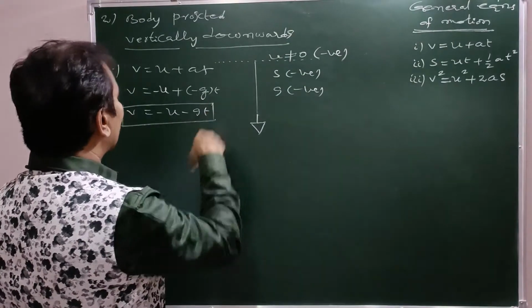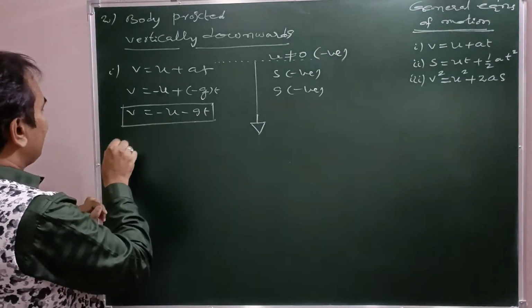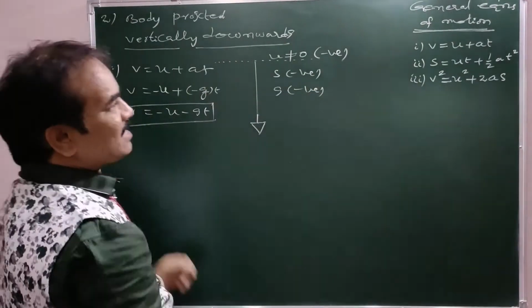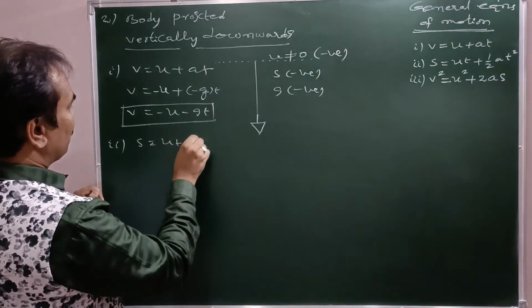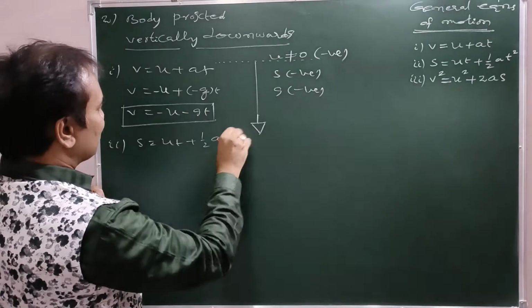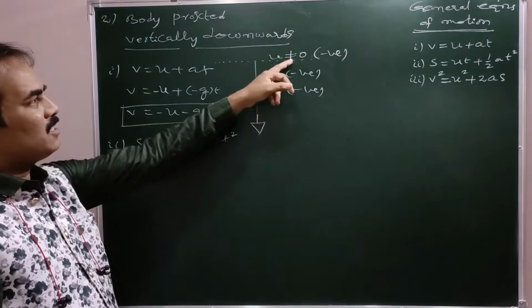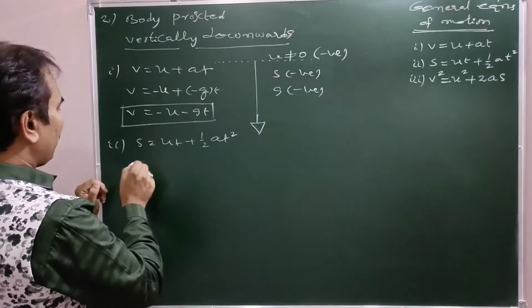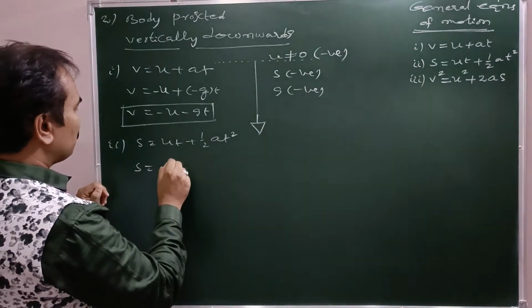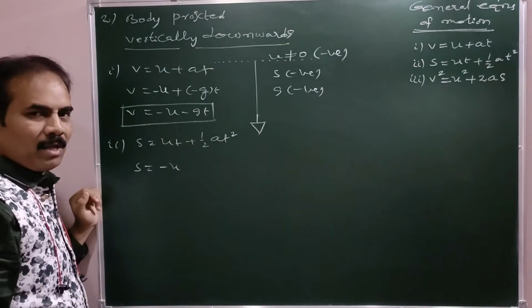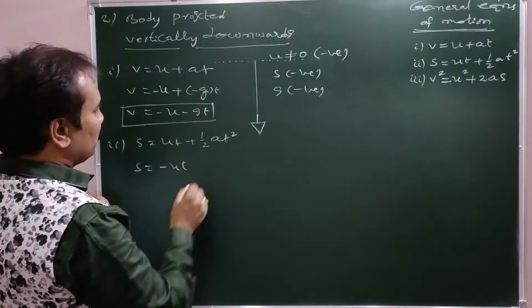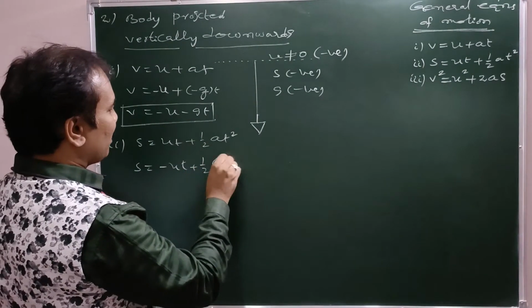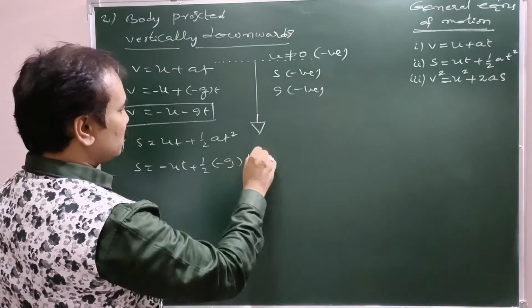Now coming to the second equation: s equals ut plus half at square. u is non-zero but negative, so s becomes minus u, t positive, plus half into a, which means minus g, into t square.